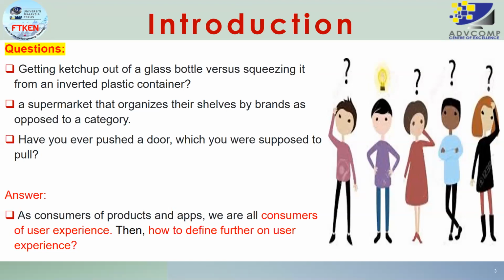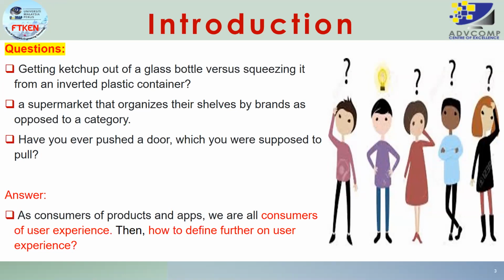The second example, we might think of how a supermarket organizes their shelves by brand as opposed to by category. And finally, I think we always have this kind of experience where we push a door, but you're supposed to pull.